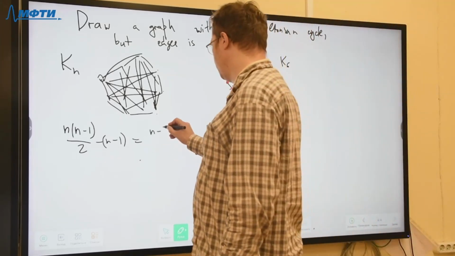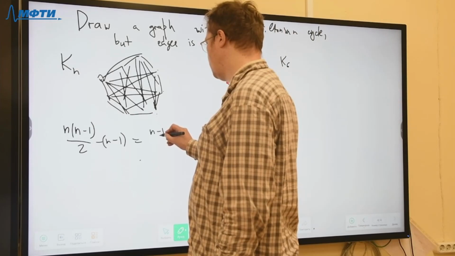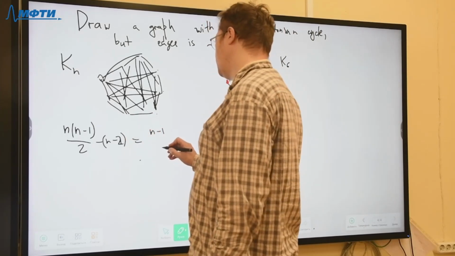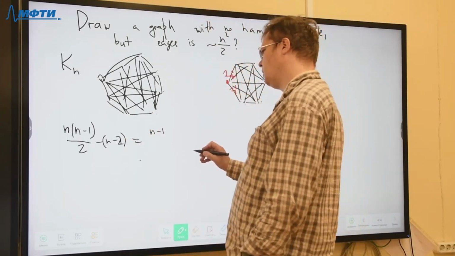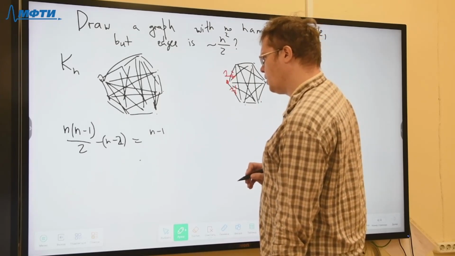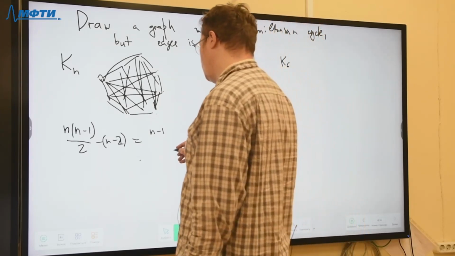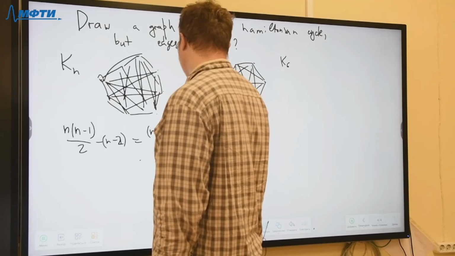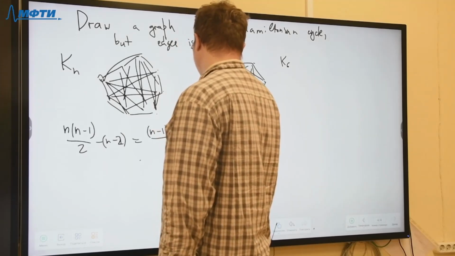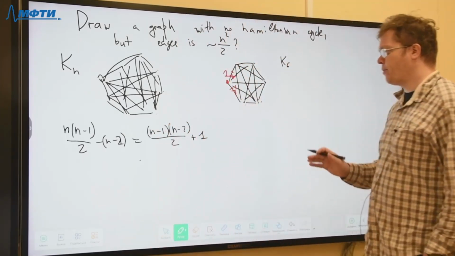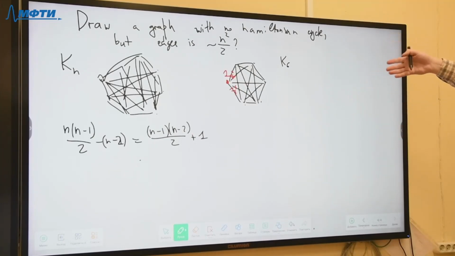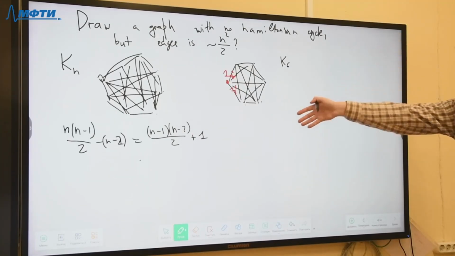Not n minus 2 here. So how can we... Yeah, so we can write a formula like this. We have a complete graph on n minus 1 vertices plus 1 edge.